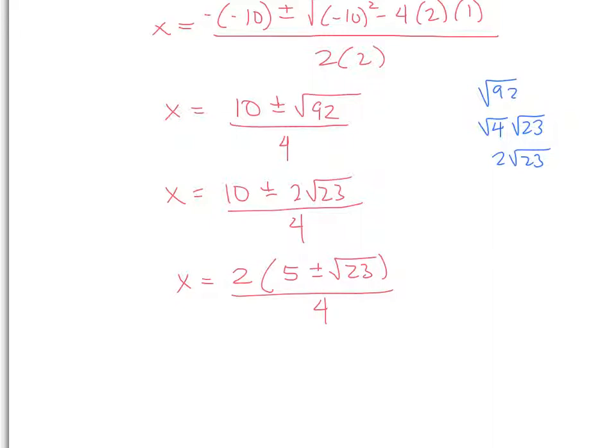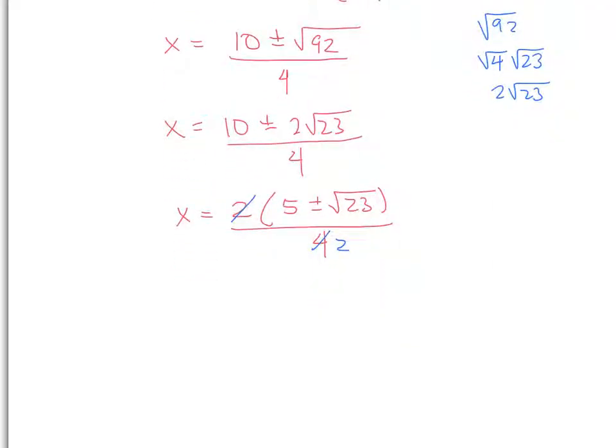So notice that if I was to distribute this 2 into both terms, 2 times 5 is 10, 2 times 2 square root of 23 is, well, exactly 2 square root of 23. So by doing this, now I have a factor of 2, and notice the denominator is a 4, which also has a factor of 2. So these two terms can cancel out, and what we have left is here. So now you get 5 plus or minus square root of 23 over 2.